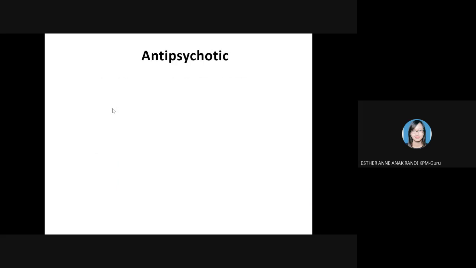Okay, antipsychotic. So antipsychotic is normally to treat a psychiatric illness such as schizo. Okay, schizophrenia ni usually a different spectrum lah. Kalau anxiety ataupun depression ni dia masih boleh, what's the word, can still function well macam orang biasa. But schizo, they have hallucination in their mind.